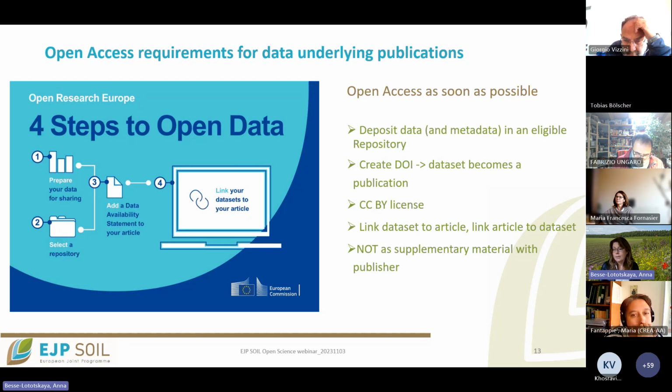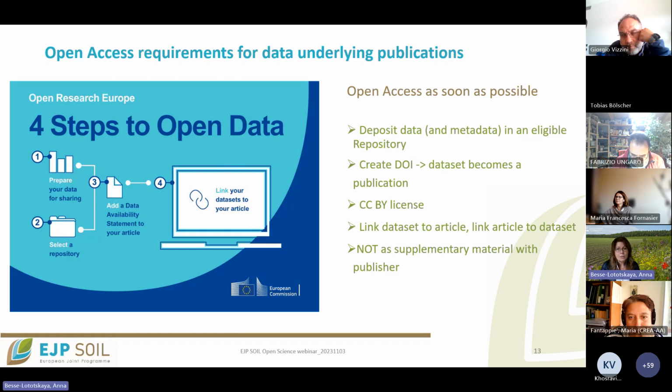You add an open license to it, and then what is important is that some journals offer a possibility to store your data as supplementary material on their publishing platform.